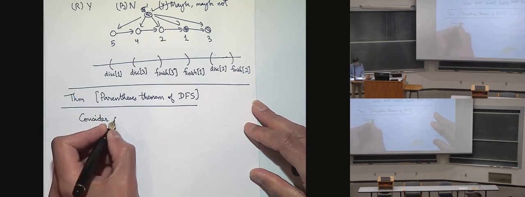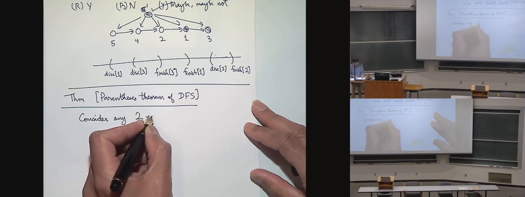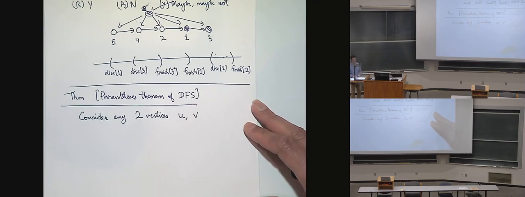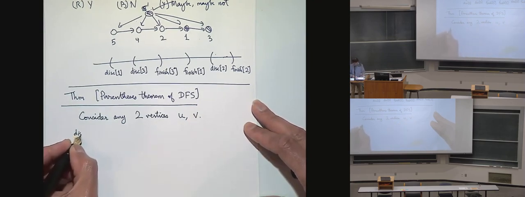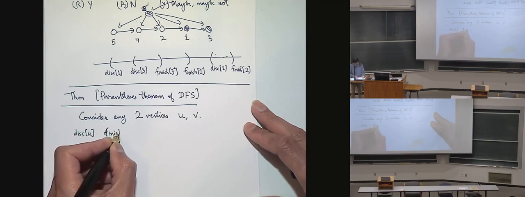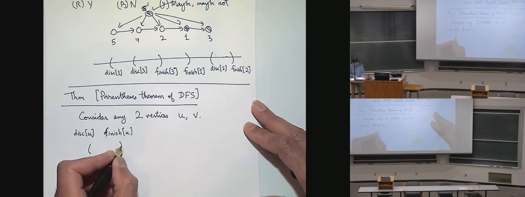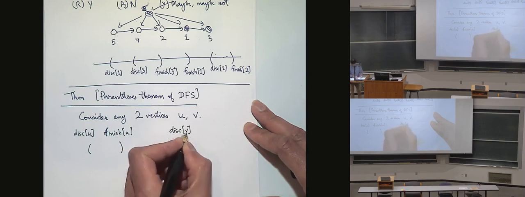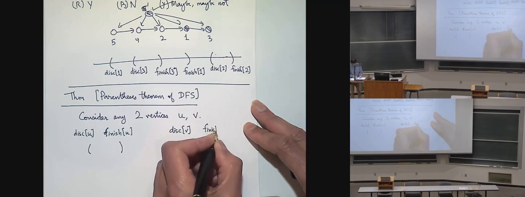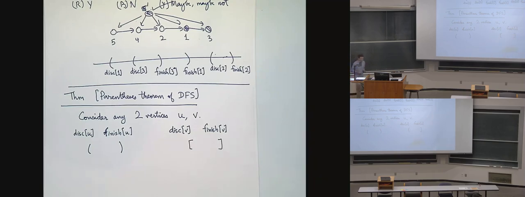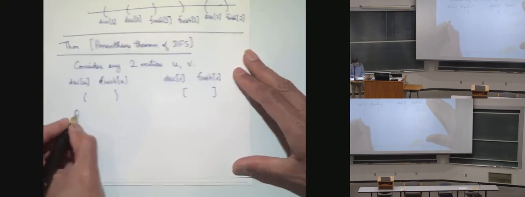Consider any two vertices U and V. Now I'm going to denote the discovery of U and the finish of U using these parentheses, and the discovery of V and the finish of V using square parentheses.